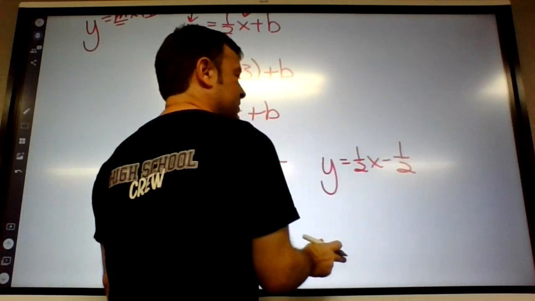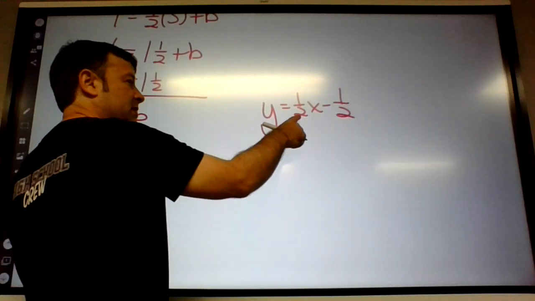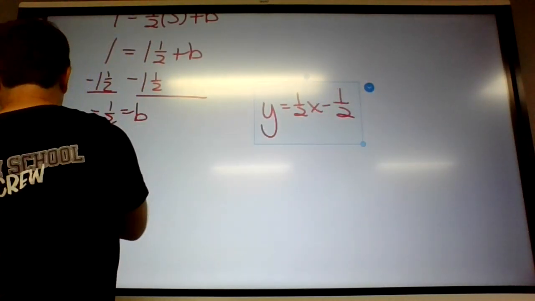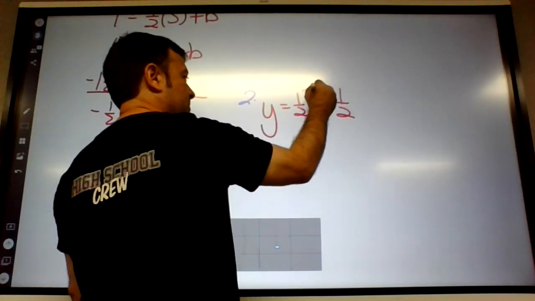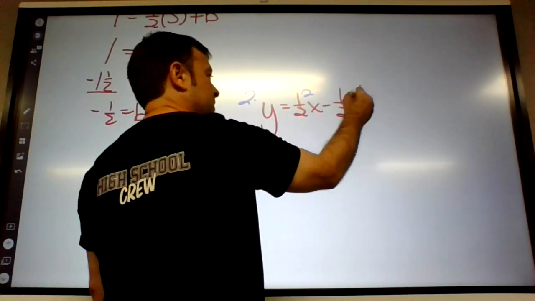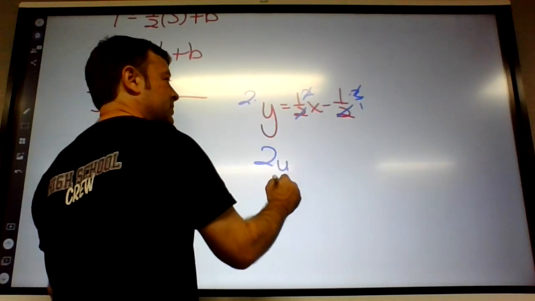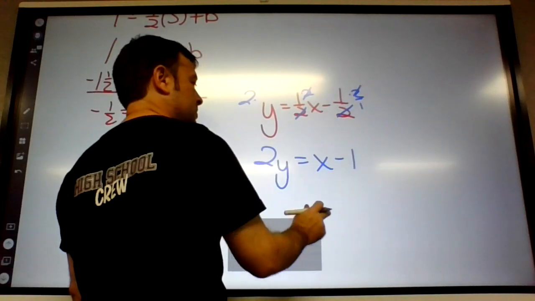Actually, I am going to turn this into standard form. How do I get rid of the fraction? Times 2. When you multiply by 2, the 2s just cancel out. So you get 2y equals 1x minus 1.